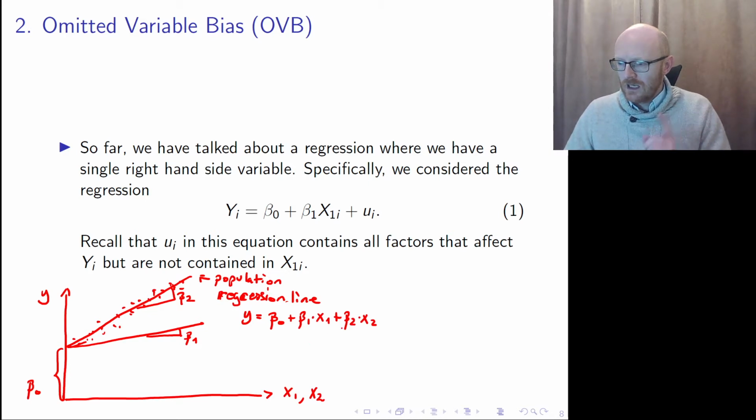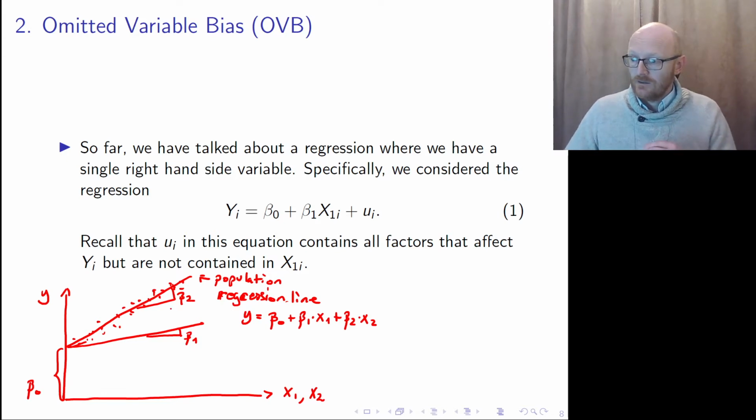Okay, so we see that if you only have x1 in the regression, then the data is really slow, right?